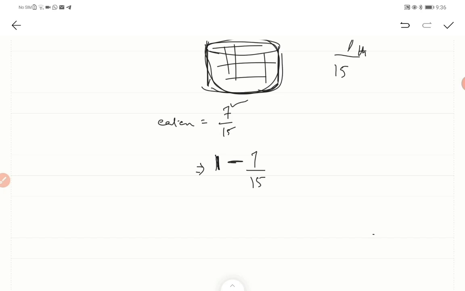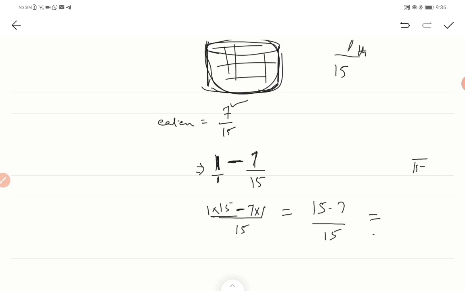Take the LCM, which is 15. This is 1 by 1, so 1 into 15 minus this fraction: 15 ones are 15, so 15 minus 7 into 1, by 15.